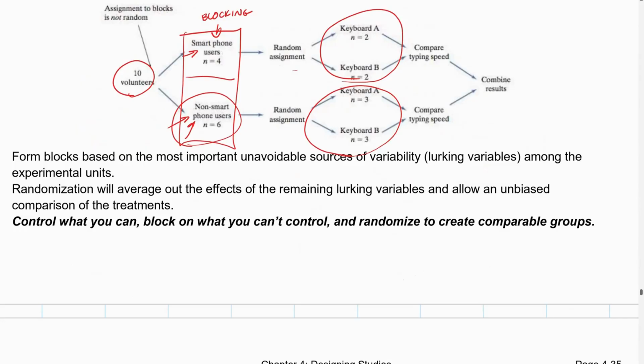So form blocks based on the most unavoidable sources of variability, lurking variables, and then use randomization to average out all the other lurking variables that may exist. So when we know there's a problem, block on it, and then all the problems that we don't know about, we're just gonna hope that the random assignment evens those out.